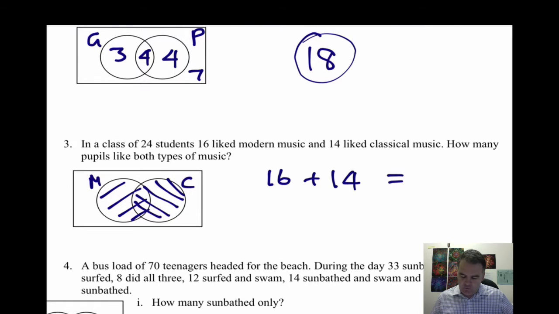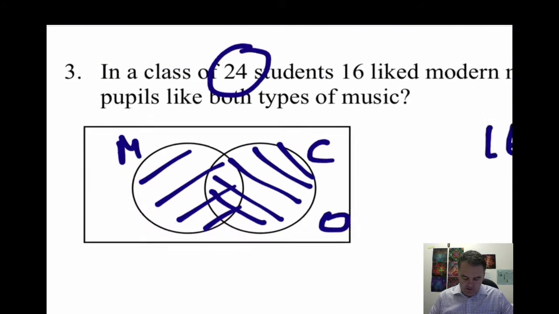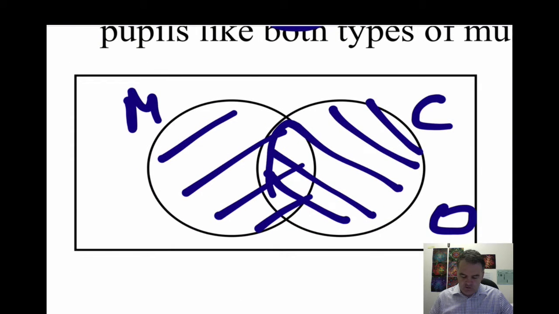So when we do that, we get 30. Now, assuming that each person in the class likes one or the other, in other words, there's 0 out there, that means we've done that and we've now got 30. Note that there's only 24 students in the class. So who have we counted twice? If you look at my diagram, you can see I've counted the children that like both modern and classical music twice. So that section right there has been counted twice.